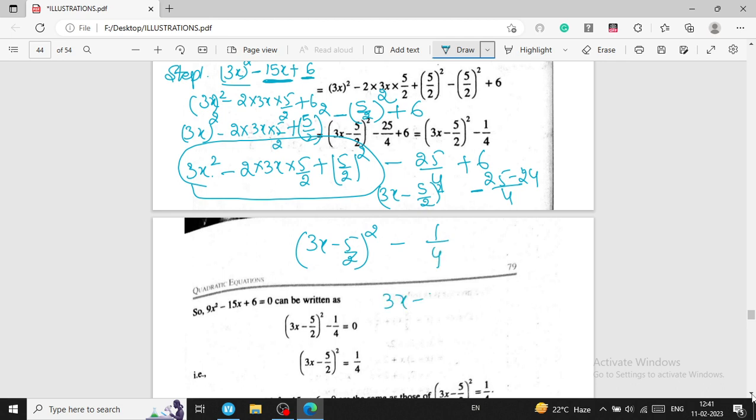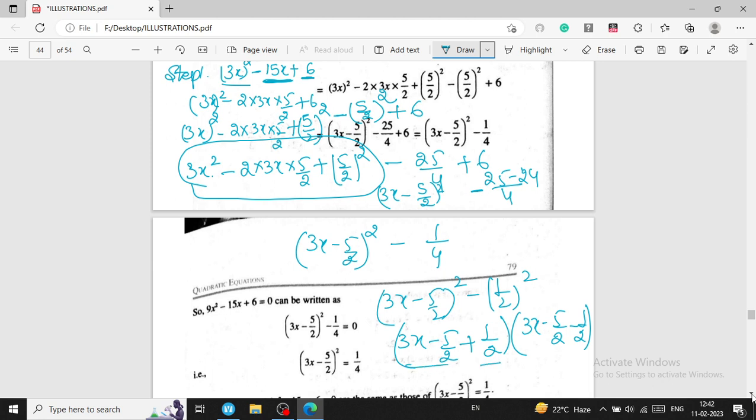You can make factors again: a square minus b square. (3x minus 5 by 2 plus 1 by 2) in one bracket, (3x minus 5 by 2 minus 1 by 2) in the second bracket. That means a plus b, a minus b; this is a, this is b. A plus b, a minus b is the formula.